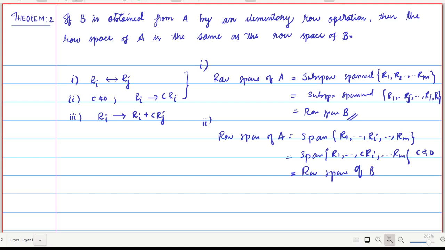Now it remains to prove the third case. That means if B is obtained from A by performing the third operation, in that case also we will prove that the row space of A and the row space of B are the same.